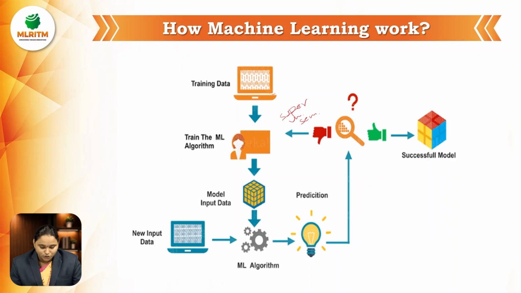First, it needs to model, it identifies the model, and it gives the output based on the input data. Next, it predicts the successful model. It takes the input and trains the algorithms. After that, it gives the output based on what we give as input.